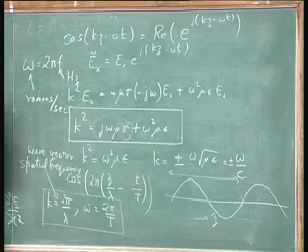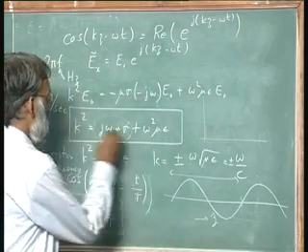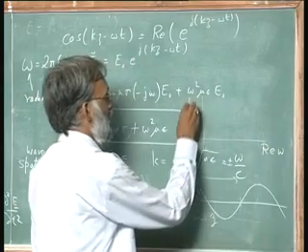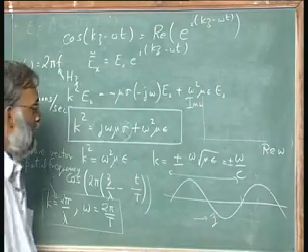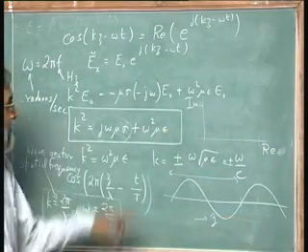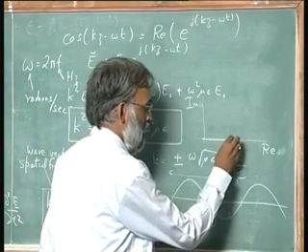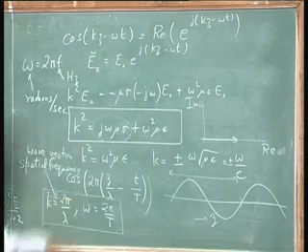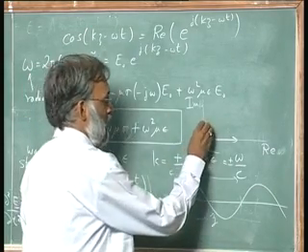You can see that if I look at this expression and I write it in terms of real and imaginary, omega squared mu epsilon is along the real axis, j omega mu sigma is in the imaginary axis.